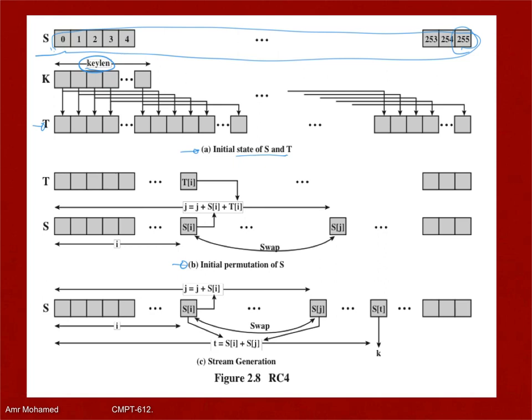So what we do here is T of i equals S of i. We're trying to take each byte of the S vector and put it in the T vector. And this step is very easy. We just take the key and replicate it multiple times to get the T vector. So it's easily K of i mod key length.